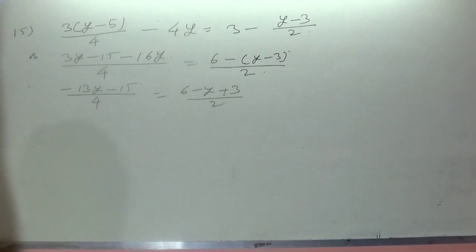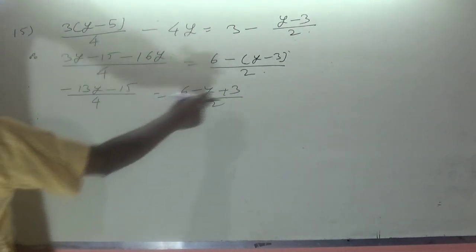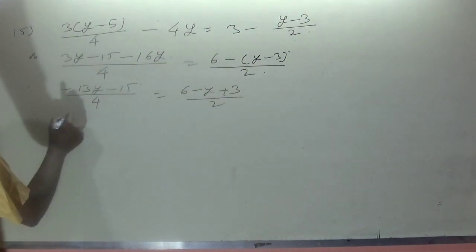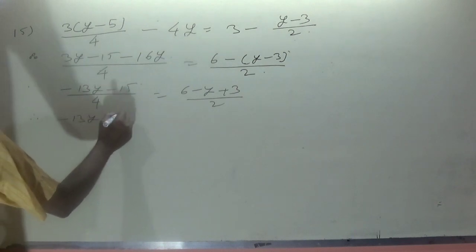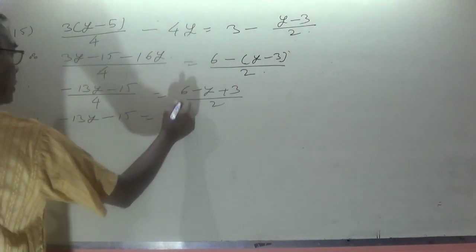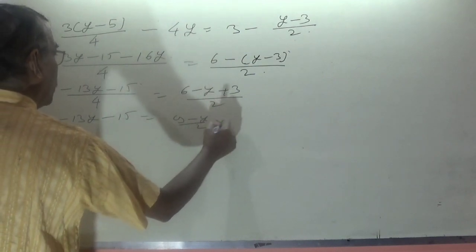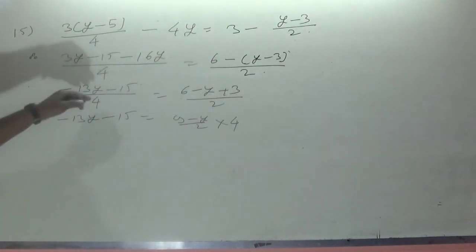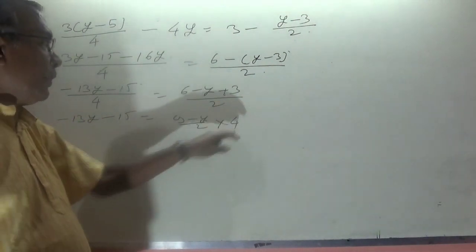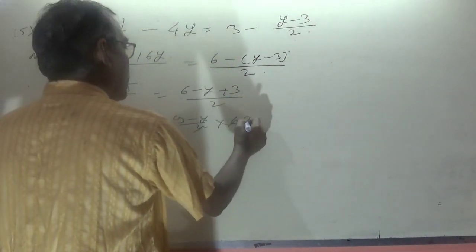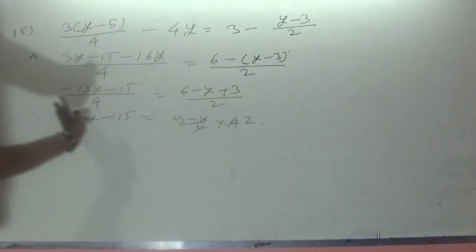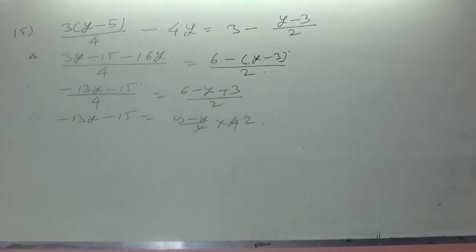Bracket has been opened here. Now I am going to shift this 4 only here. Why have I shifted only 4 here? Because it will cancel. All these things will come to your mind due to your practice only.